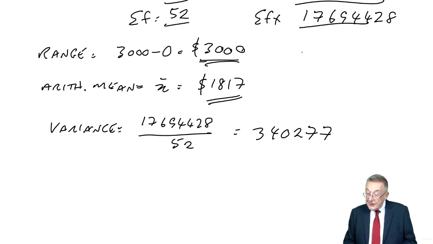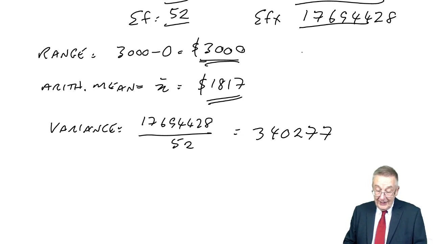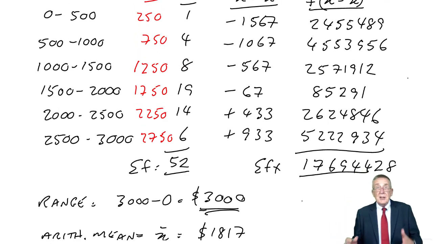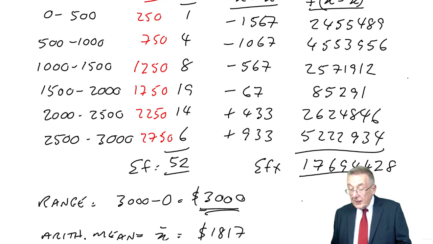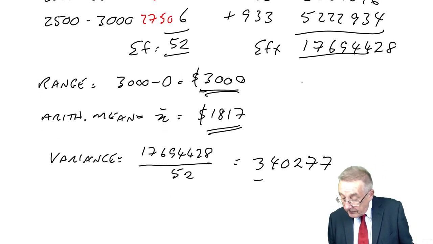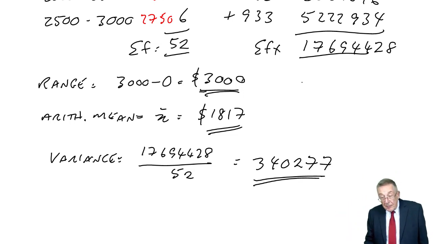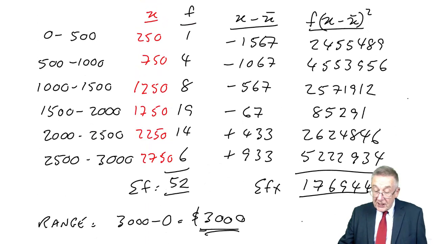Now I'm pretty sure I've made a mistake somewhere there, but I'm not going to go back and check. Divided by 52, 34027. Yeah, I think I may have made a mistake earlier on there, but there's a printed answer in the notes anyway. I'm more concerned that you follow the approach. However, although subject to my arithmetic, there's the variance. The problem again, think about it, the original observations were dollars.